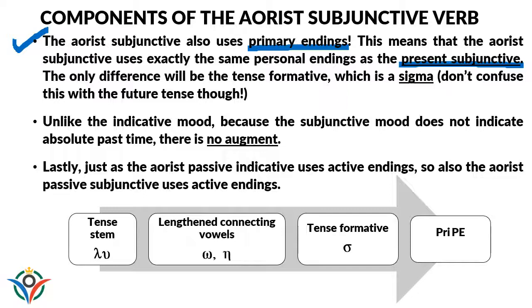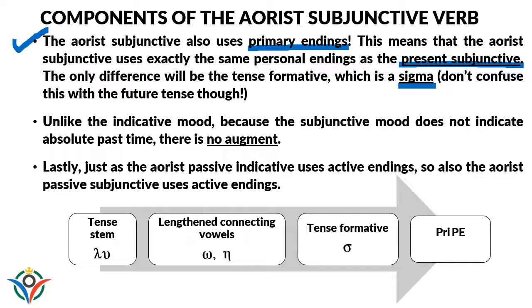All right, so this is going to have to settle in your mind initially, because you are used to learning the aorist with secondary endings. But now in the subjunctive mood, the aorist also takes primary endings, and therefore it's going to look the same as the present subjunctive. The only difference, however, will be the tense formative, which is the sigma, not the sigma alpha, just an individual sigma.